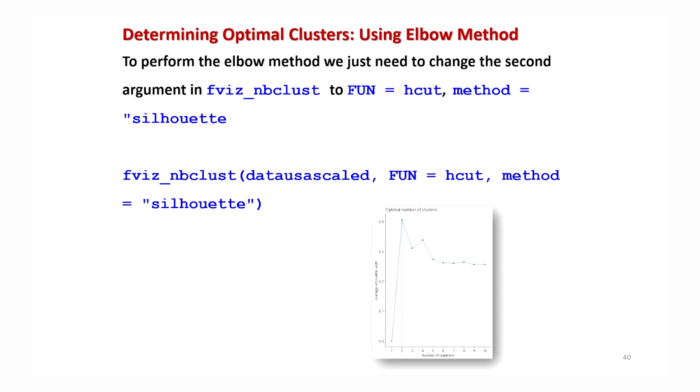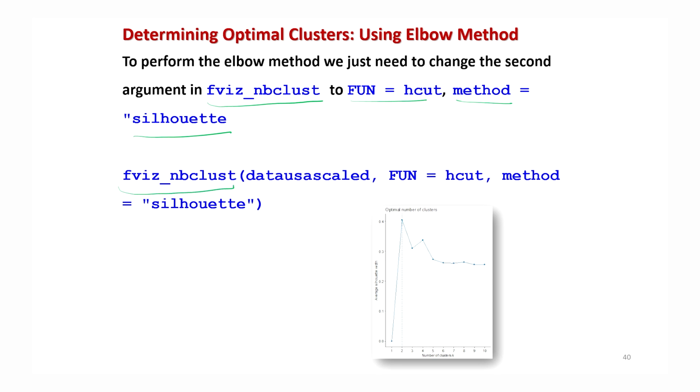Now if you want to use the elbow method, we just need to change one argument in the function fviz_nbclust. If I change it, say FUN is equal to hcut and method is equal to silhouette, then you can see the same command which we used in the last lecture.